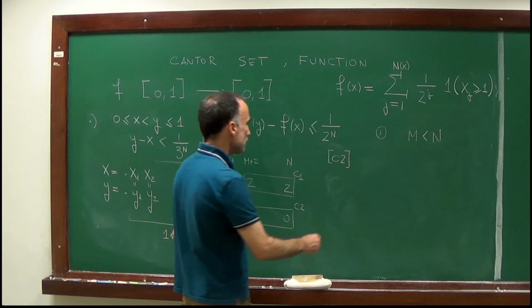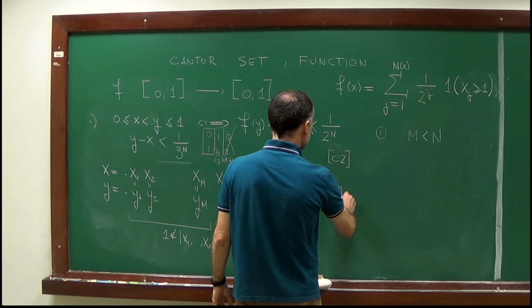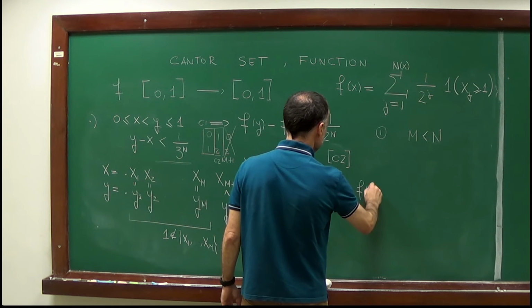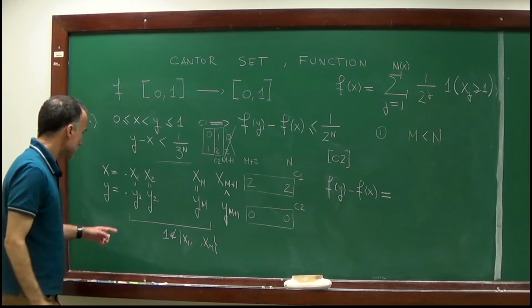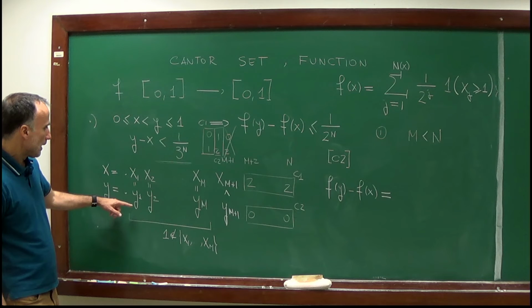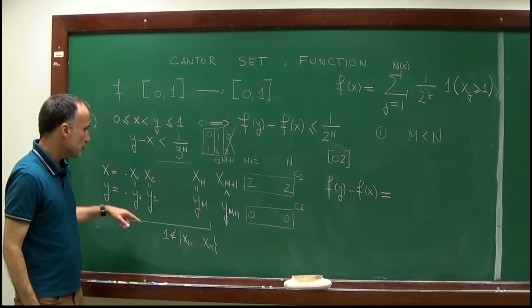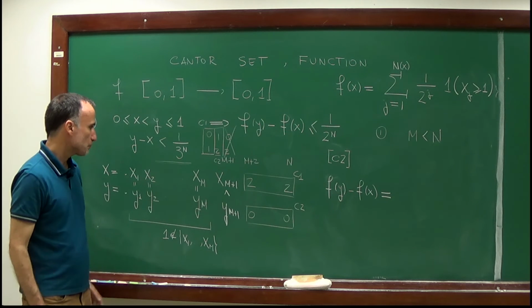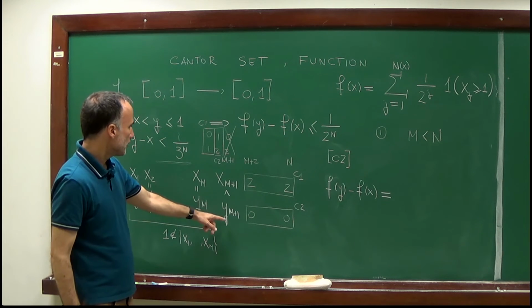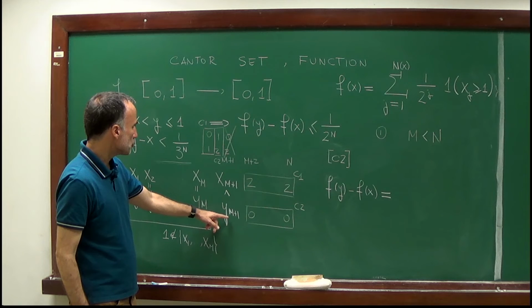So again, let's write F(y) minus F(x). F(y) has a contribution of the first m digits, but these will cancel with the contribution of x, so I don't count them. Then we arrive at y_{m+2}.